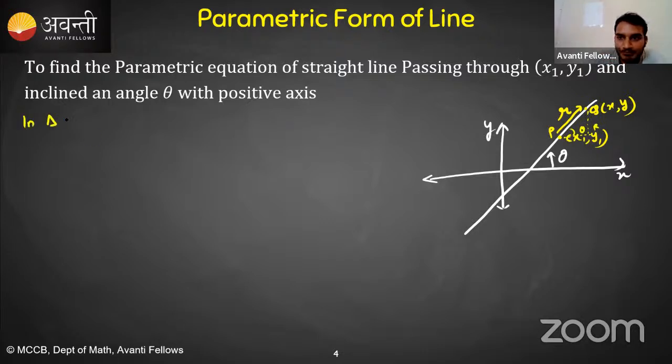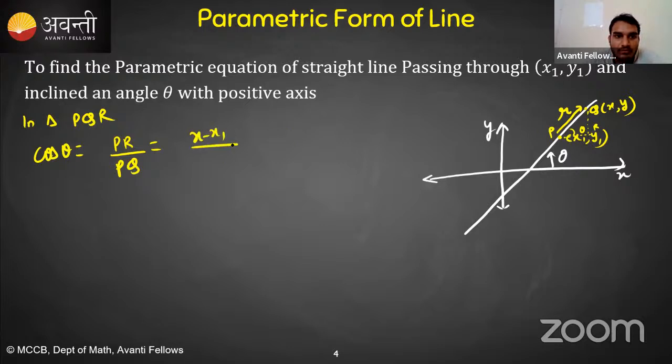In triangle PQR, what is cos theta? Cos theta is PR upon PQ. What is PR? PR is this distance, which is x minus x1. What is PQ? r. So it implies, solving this, x is equal to x1 plus r cos theta.